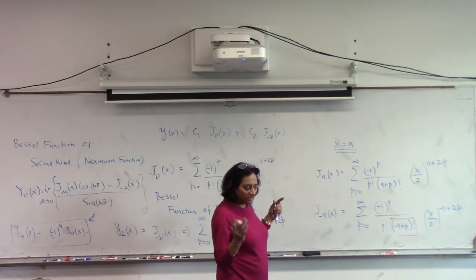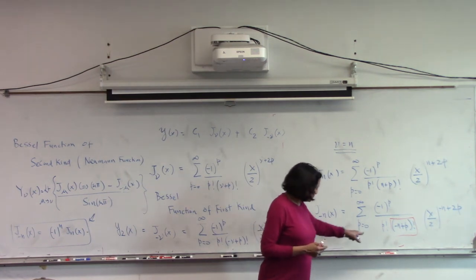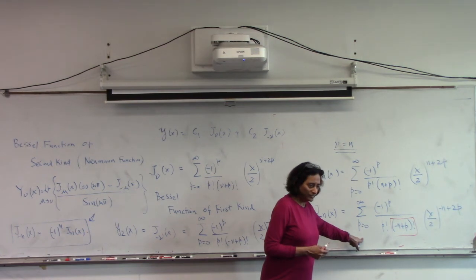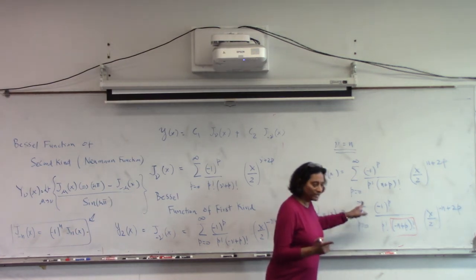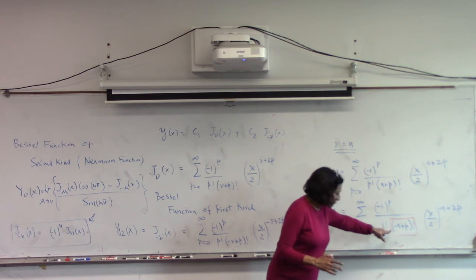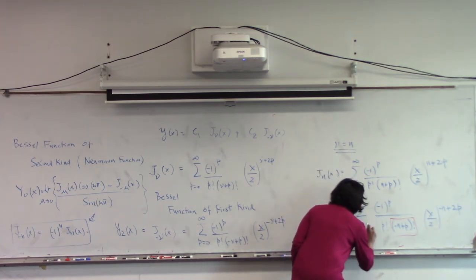So since it is a negative integer, if p equals 0, I cannot define it, right? So this series should start at what? Does 0 factorial exist? 0 factorial is 1. So I can start this series from p equal to n to infinity. That's what happened, because there's no negative factorial. So this series really starts at p equal to n.